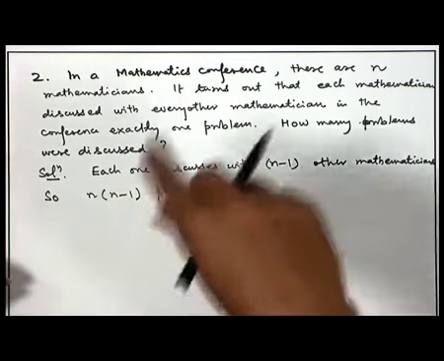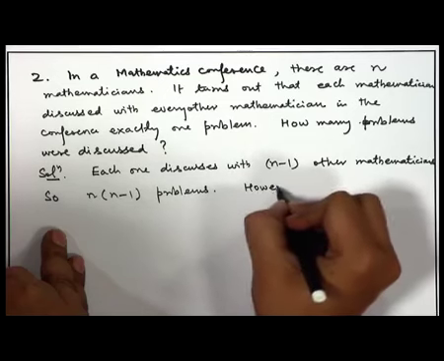For example, if I say mathematician A discusses with mathematician B, then I have counted it once. Now, again I am saying mathematician B discusses with mathematician A, so that will be 2 times, whereas I am putting the restriction that each one discusses with another exactly one problem. That means each pair is counted twice in n into n minus 1.